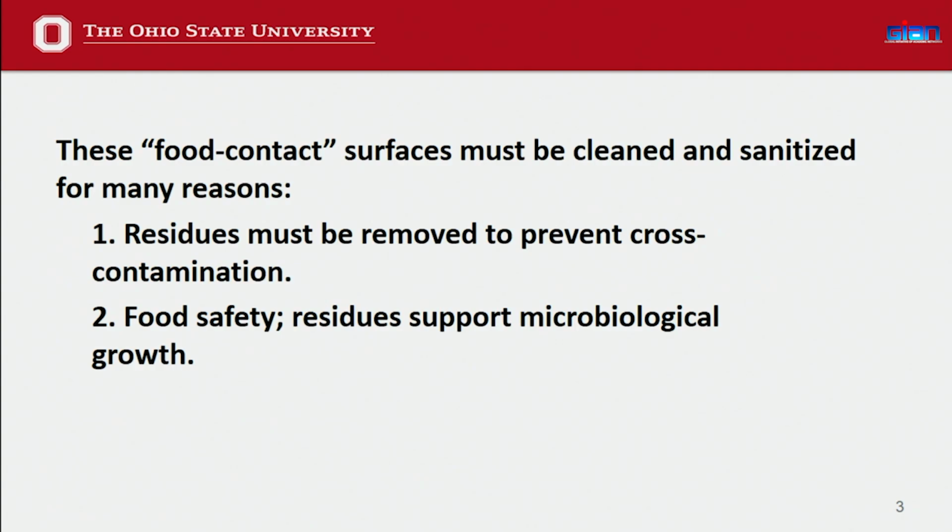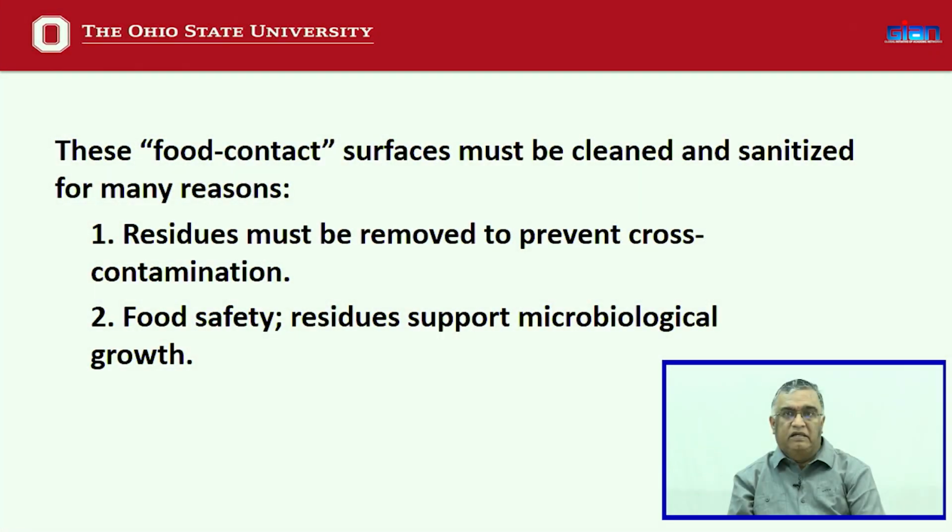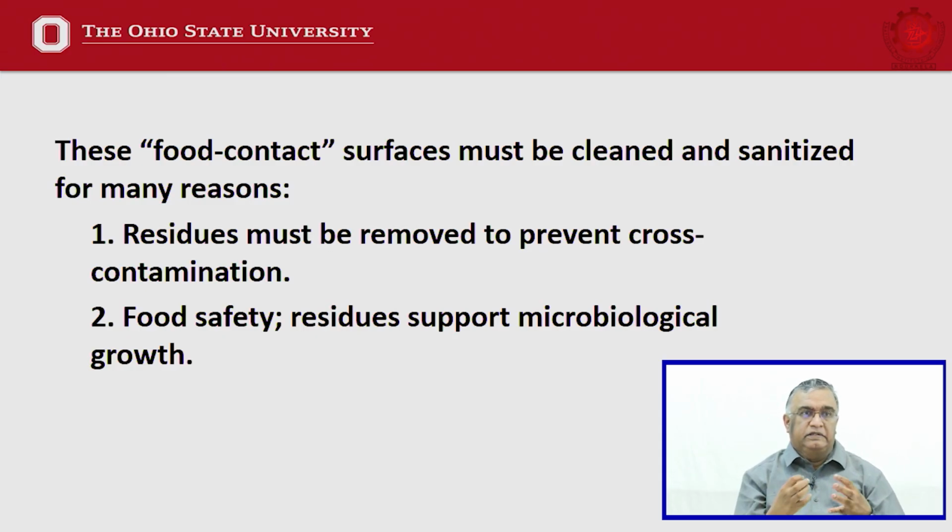Oftentimes, when you look at the regulations, they talk about what they call food contact surface. So, food contact surface is where the food product directly comes in contact with the equipment surfaces.